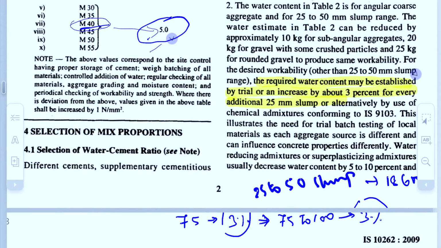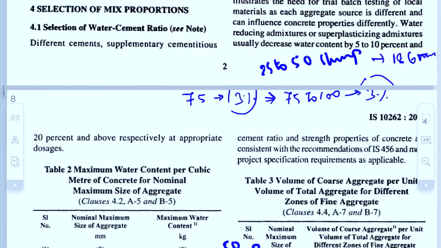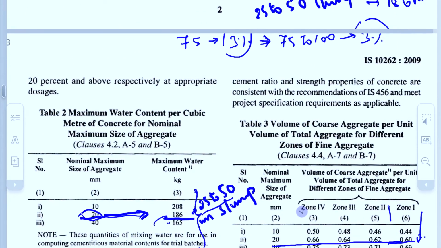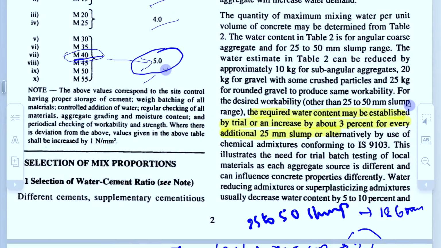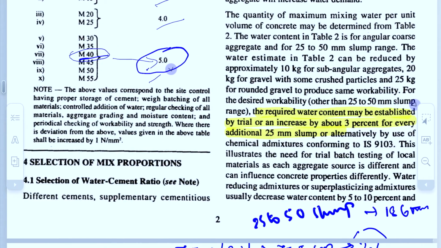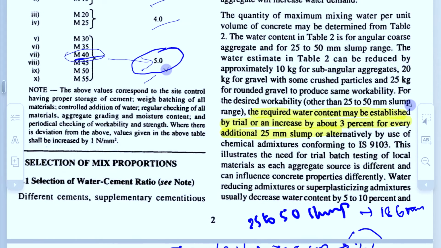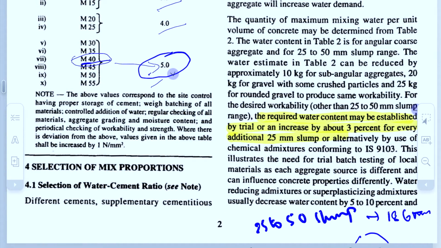One thing we have to understand here is that for 25 to 50 mm slump we refer to this table. Because we have a 100 mm slump, there is a condition here: as you increase the slump by 25 mm, we have to increase the water content by 3%.